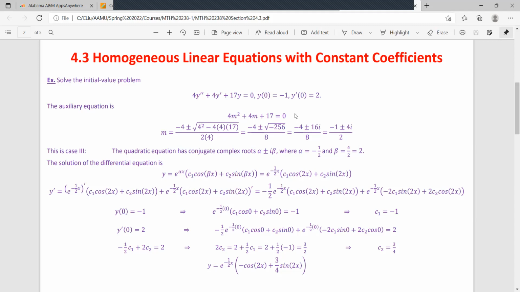Plug in those numbers. 4 squared is just 16. 4 times 4 times 17, what is it? 200 something. If you just subtract them inside the radical, you get negative 256.